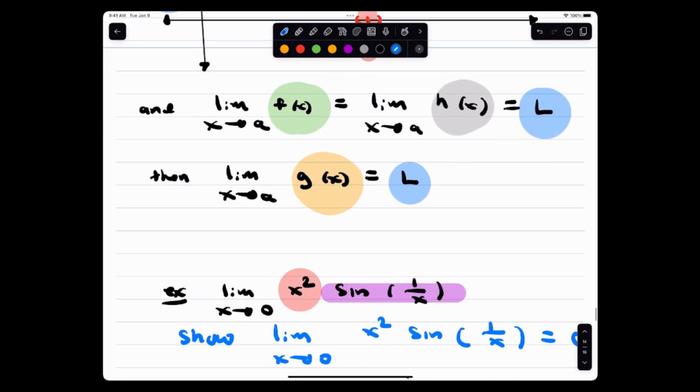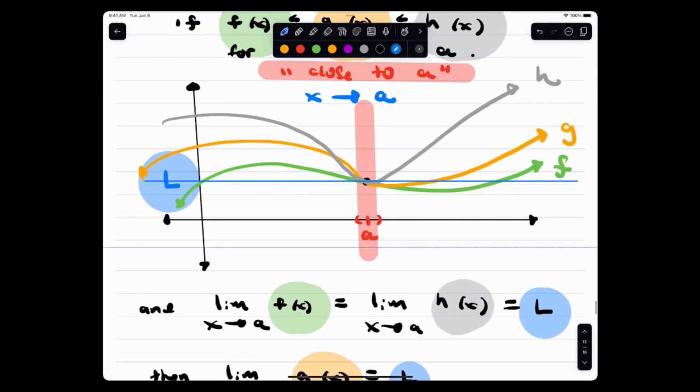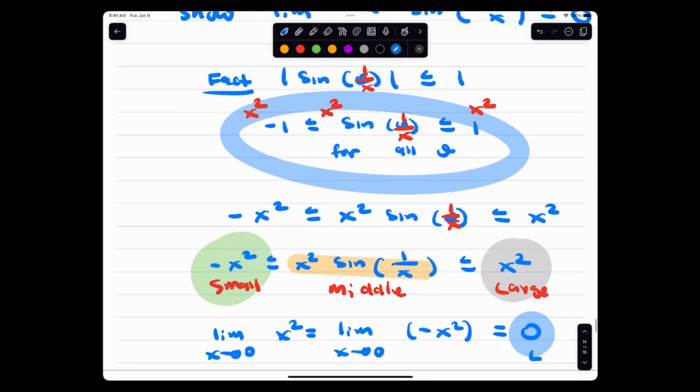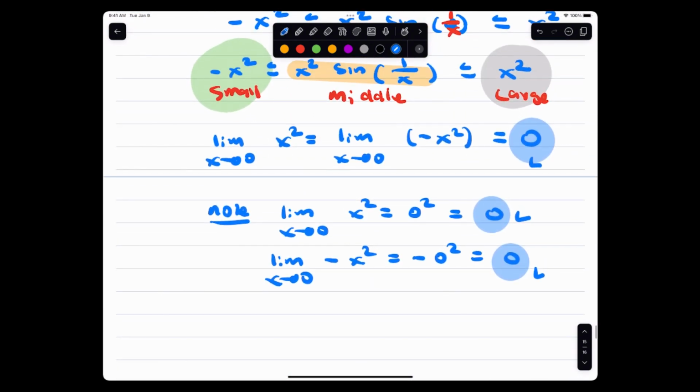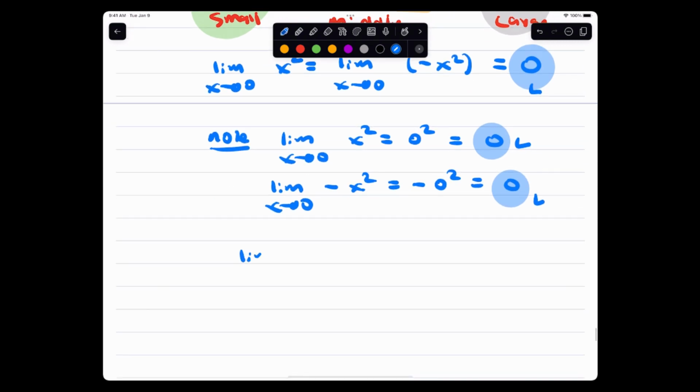So what does that conclude about that middle function? The middle function is also 0. That's why it's called the squeeze theorem, like in between. So you can say the limit as x goes to 0 of x squared sine 1 over x equals 0.